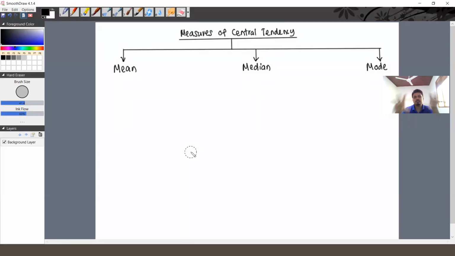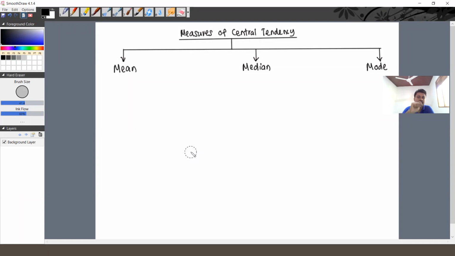So when we see a distribution, we should be able to identify whether it is individual, ungrouped or grouped. Based on the type of the distribution that we are referring to, the formulas we apply will differ.